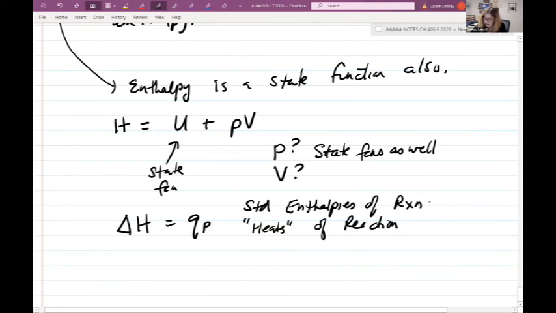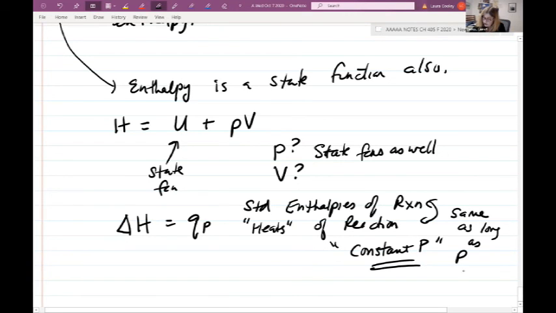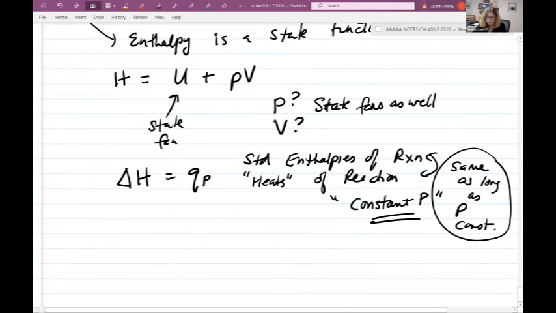So why would these be the same? I'll use that a lot. I'll say, what is the heat of that reaction? I mean, what is the delta H? It's really the same, and that's because I'm assuming constant pressure. These are the same as long as pressure is constant.